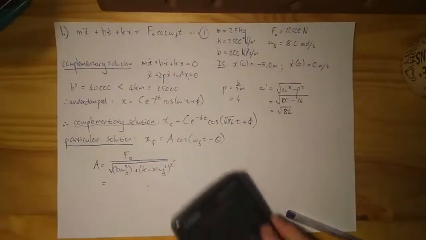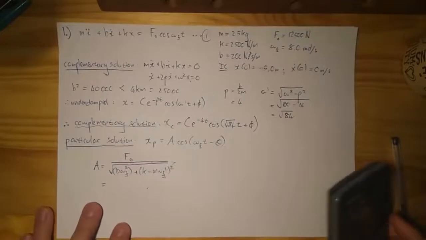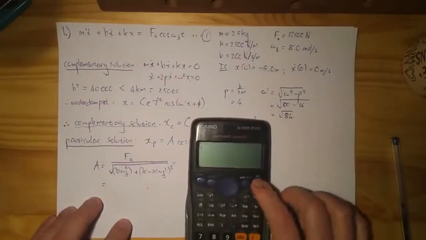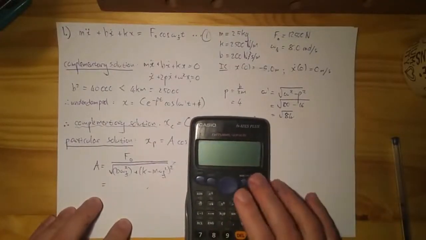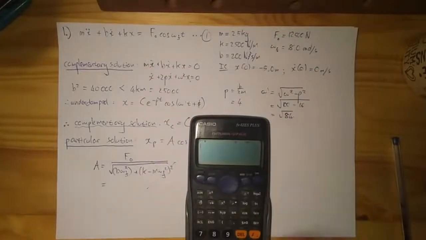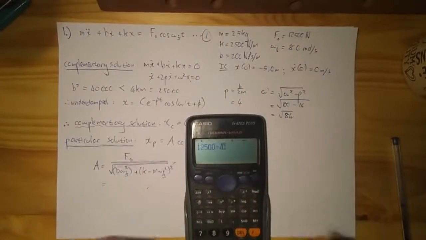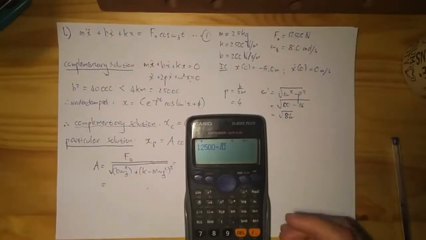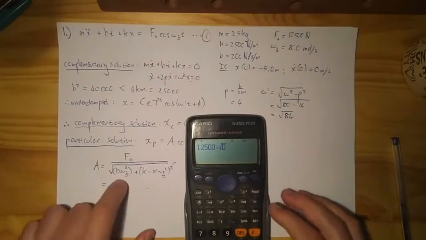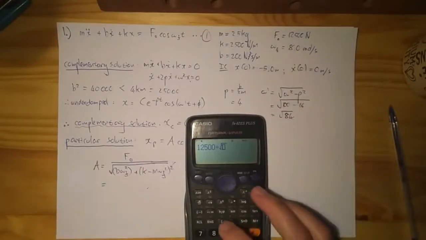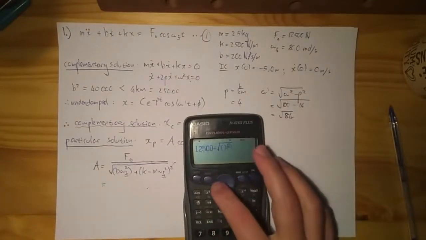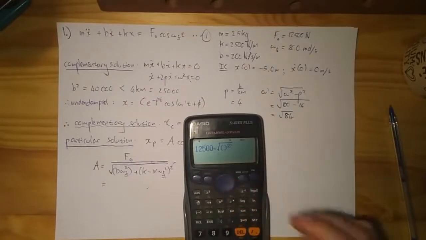And this I'm not even going to try to do without the calculator. Needless to say, here it's very easy to make a mistake, so just be careful. Divided by the square root of... Okay, wait a minute.